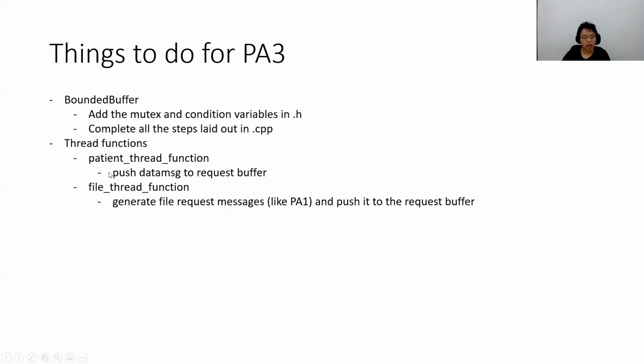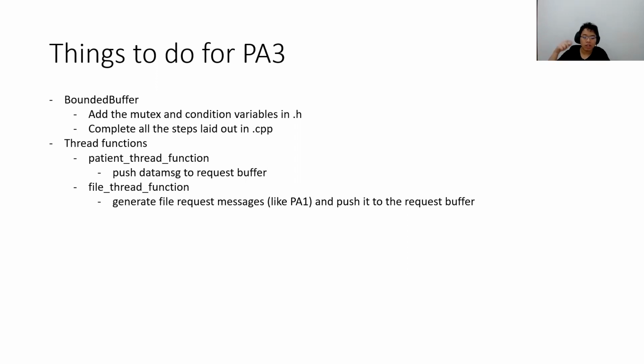Thread functions. For the patient thread function, all you do is push data messages to the request buffer. That's it. You would generate data. In PA1, you would generate a data message, send it to the server, and receive it immediately.